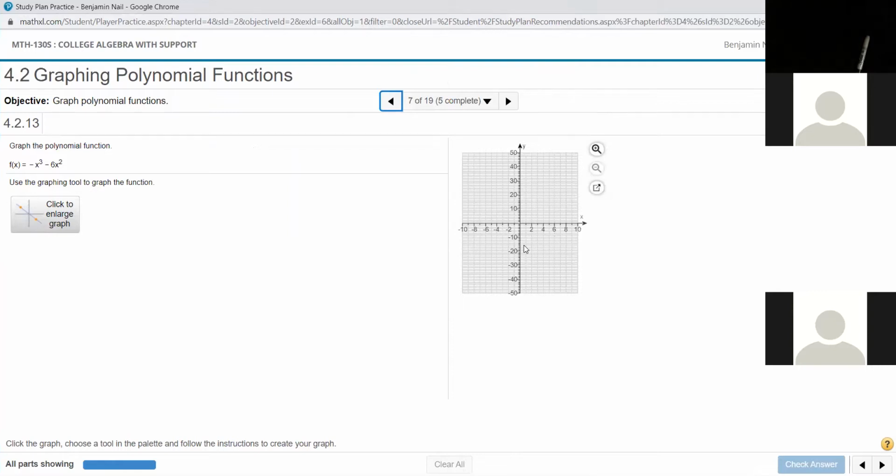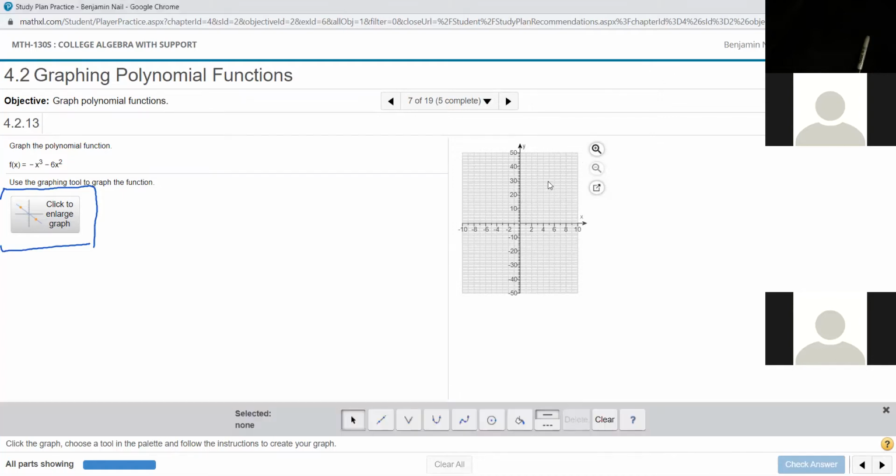Now, also graphing within MyMathLab is a little bit tricky. One thing that will definitely help you out is you're going to want to click on this button here. If you just click on the graph, it will give you kind of an expanded view.